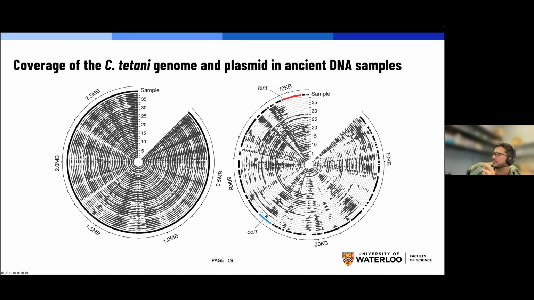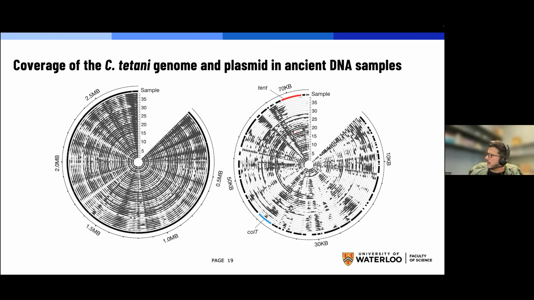For these samples up near the top, we're detecting parts of the plasmid, some of the genes, but for example, the tetanus neurotoxin here is not being detected in these samples. And yet for all these ones below, you can see that we're detecting the tetanus neurotoxin. This is another virulence factor called collagenase, and we're also detecting that gene quite broadly.